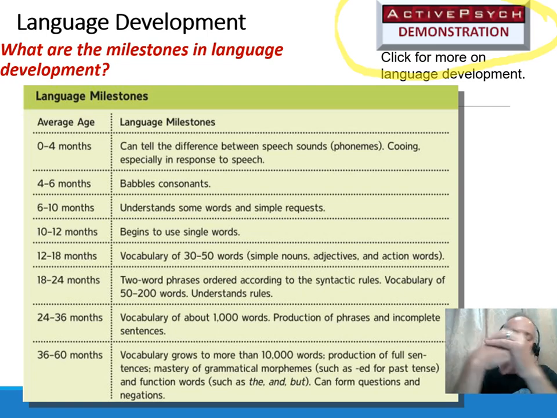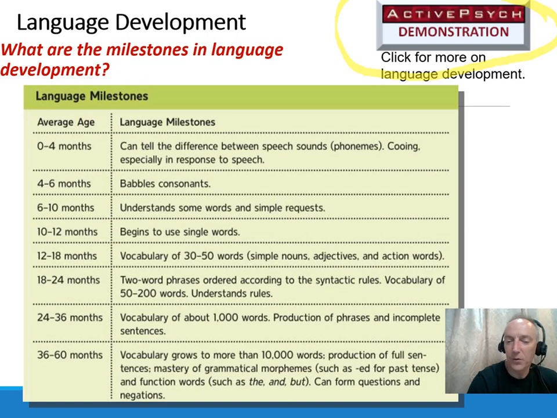What you see on the screen here represents the major language milestones in humans learning to speak. It doesn't matter where in the world you are and what language you are using, we go through these same milestones at approximately the same time frames. There's a little variability, but for most humans, this is the norm.